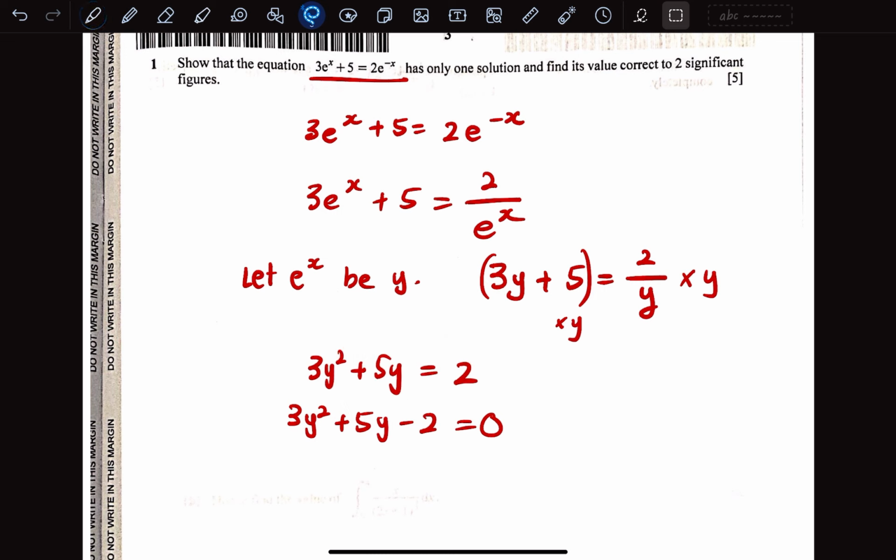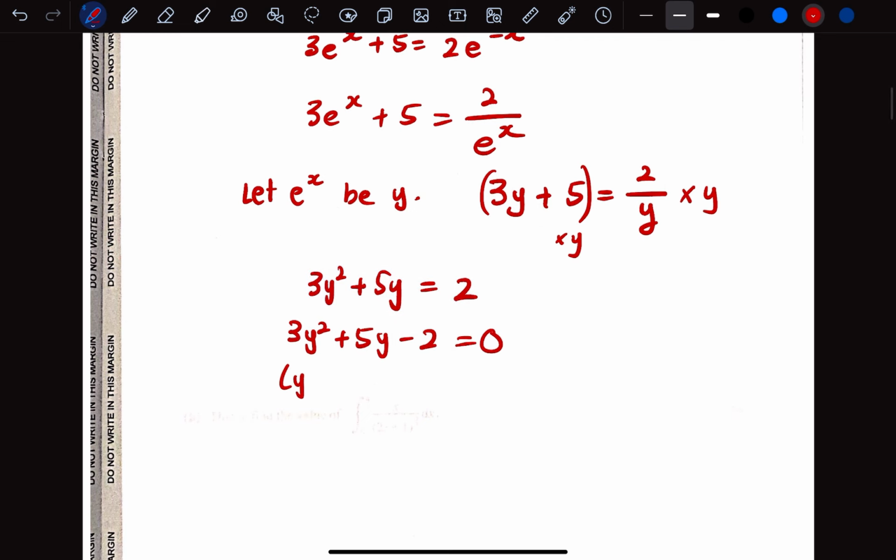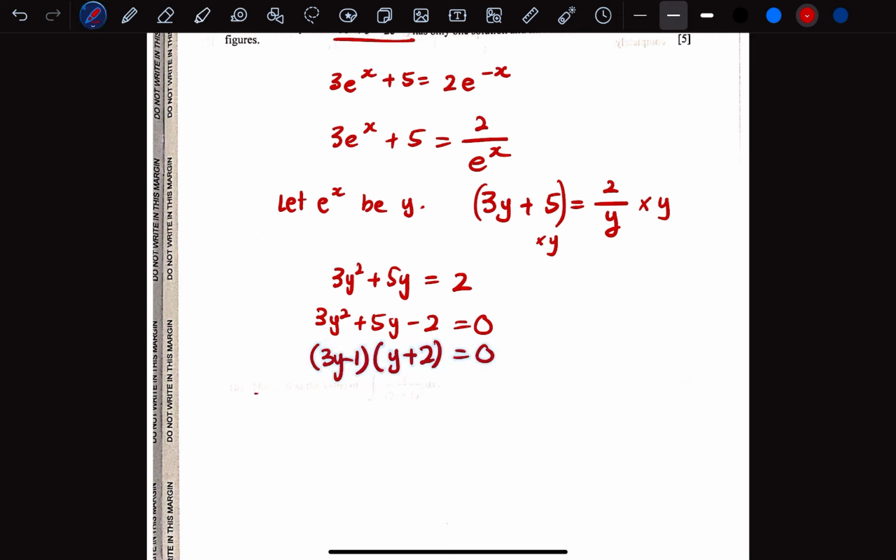This just becomes a very simple quadratic equation which you can solve using your calculator. And you will get 3y minus 1 and y plus 2 equals 0. When you solve this, you will just get 3y equals 1 or y equals minus 2.